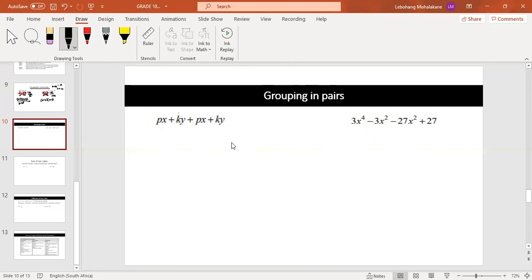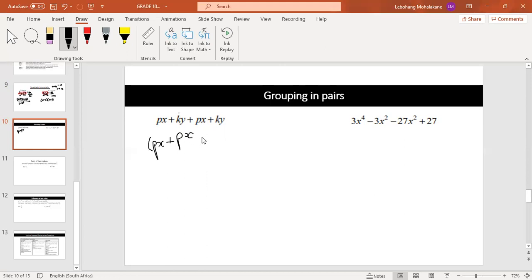If I have something like this, I'm just going to pair px plus ky. We're going to look for what is common. What is common? So if I pair px and px, these are common.